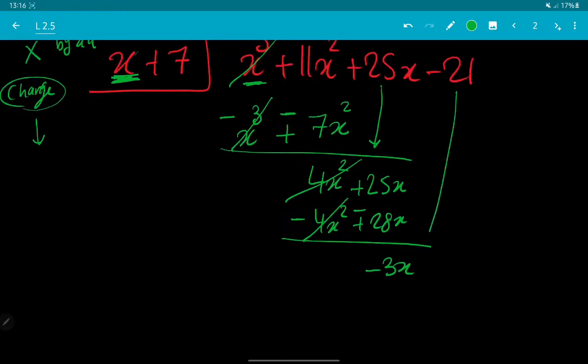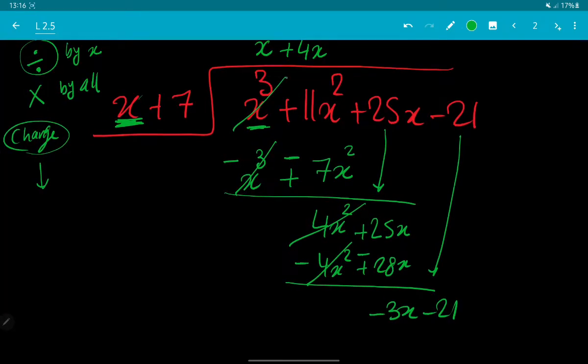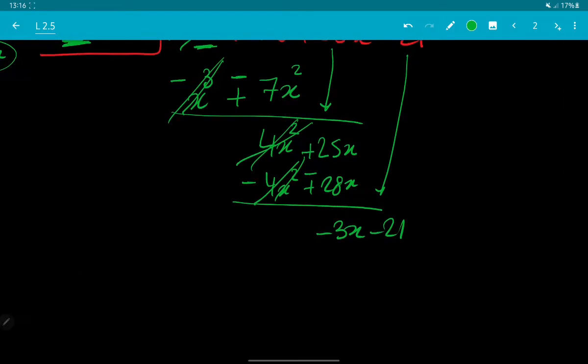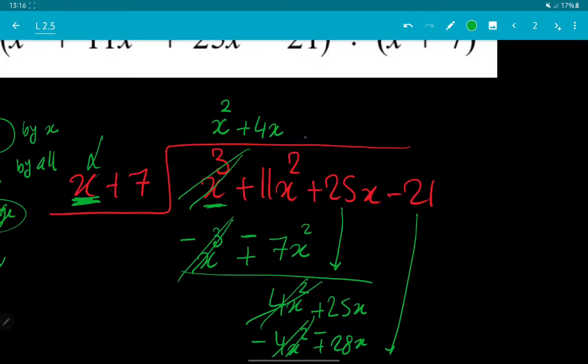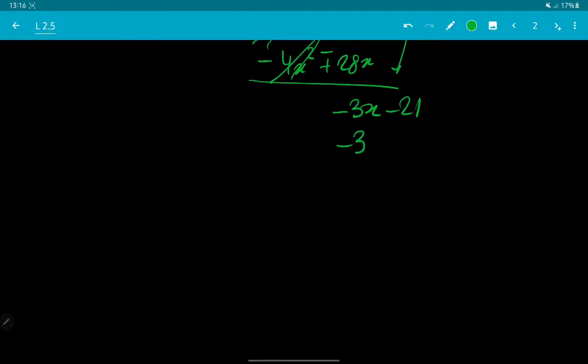Then drop 21. Can you see that each time we cancel the highest power, to get rid of all the powers till the end? Now divide negative 3x by x. The answer will be negative 3. Multiply the answer by all of them. Negative 3 multiply x, negative 3x.